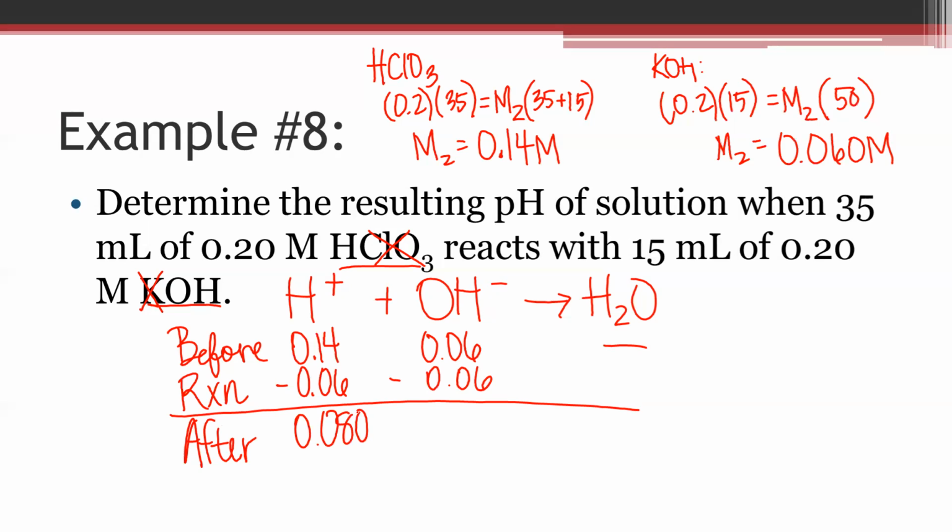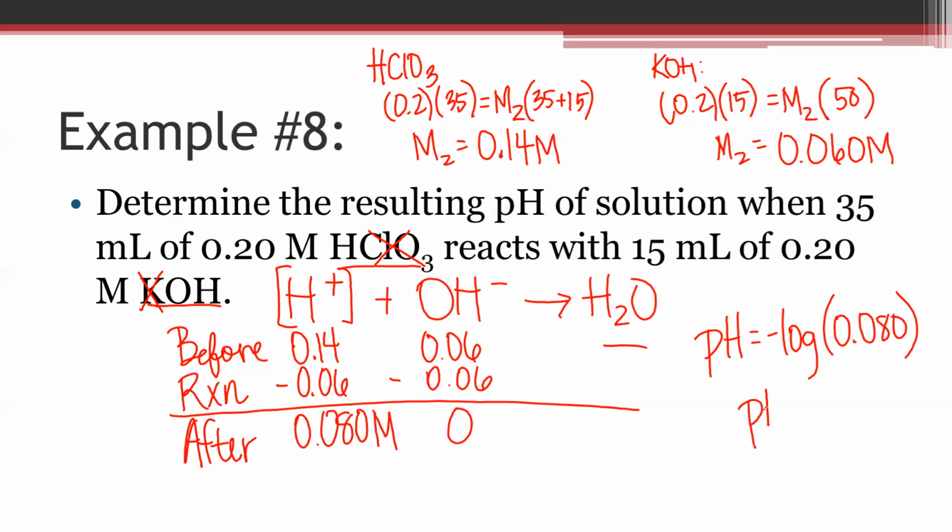I should be keeping significant figures, I'm sorry. 0.080 molar is going to be the concentration of our hydroxide, or sorry, excuse me, our hydrogen ion. Okay, so then that 0.08 will lead us to find pH. So we just have to take the negative log of that, and the resulting pH, rounded, is 1.10.